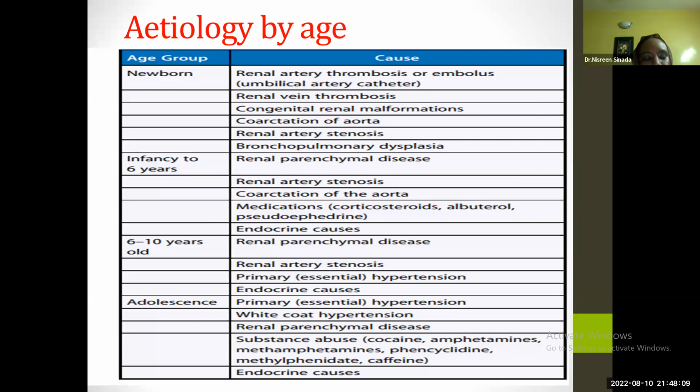In adolescents, the most common cause is primary or essential hypertension, especially in our era now that obesity is common, so you should measure the blood pressure, and you can do automated blood pressure measurement. Also renal parenchymal disease and substance abuse like cocaine, amphetamine, and caffeine, and endocrine causes.